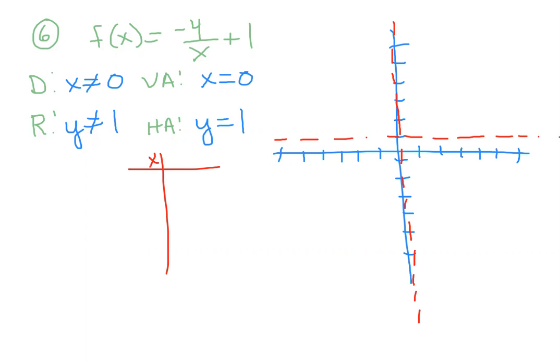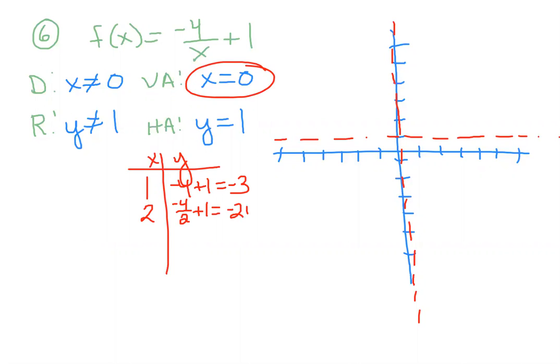Let's pick some points on either side of 0 since we have x equals 0 here. Let's pick 1. That's going to be -4 plus 1, which is -3. If we put a 2 in, that's going to be -4 over 2 plus 1, which is -2 plus 1, which is -1. And I'm not going to pick 3 because that's going to give me a fraction.